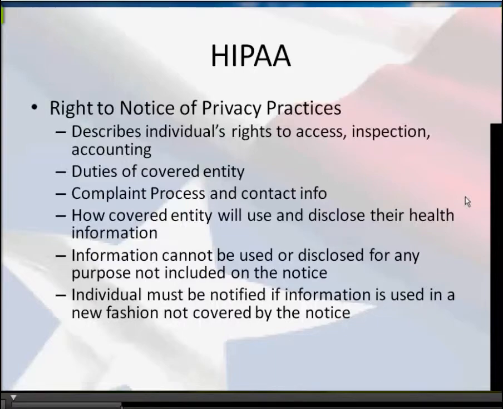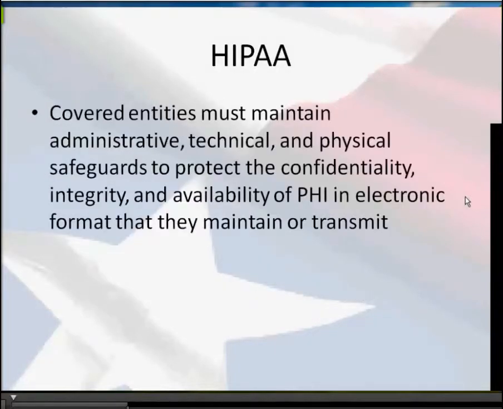It outlines how a covered entity will use and disclose a patient's health information. It states that the information cannot be used or disclosed for any purpose not included on the notice, and the individual must be notified if information is used in a new fashion not covered by the notice that they received.